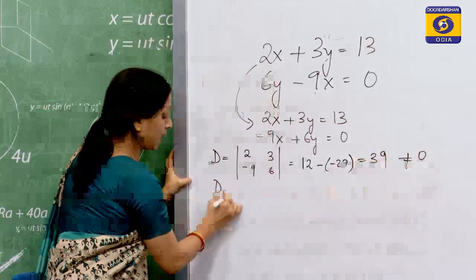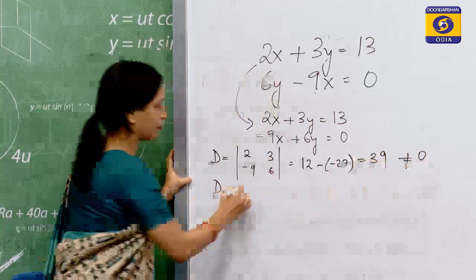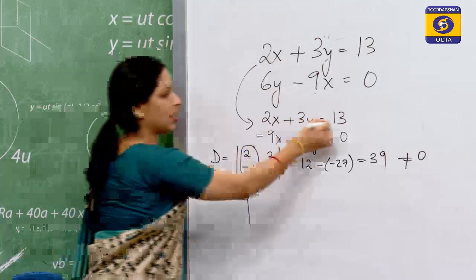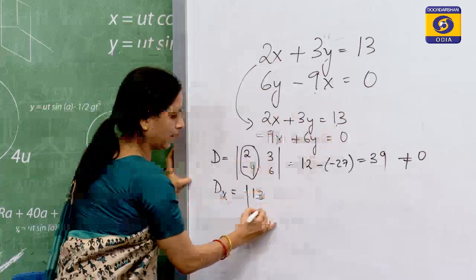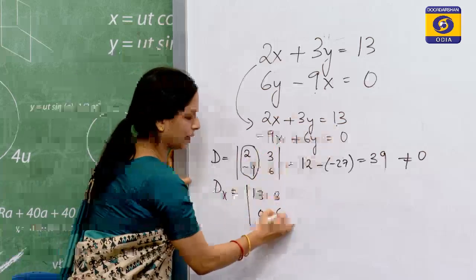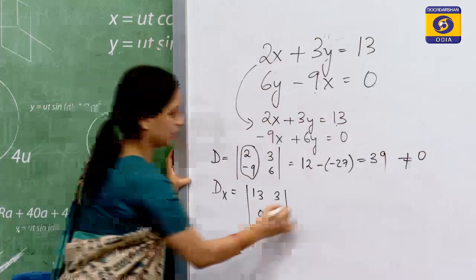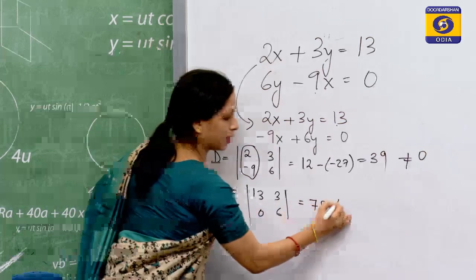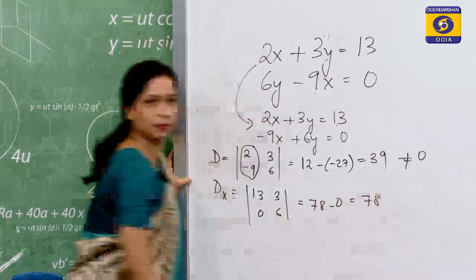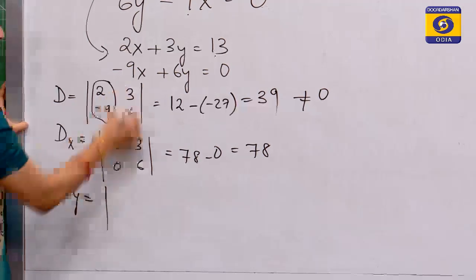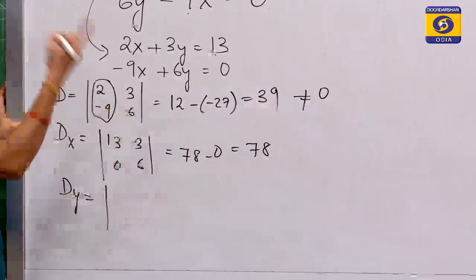Now, let us find the determinant of x. In x, we substitute the x coefficients with the known values, so 13, 0, and the y coefficients remain the same. So, 13 into 6, 78, minus 0, that is 78, right. For dy, what do we do? We substitute the y coefficients with the known values.